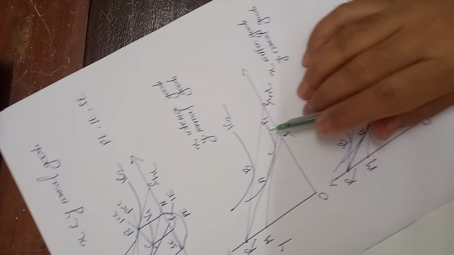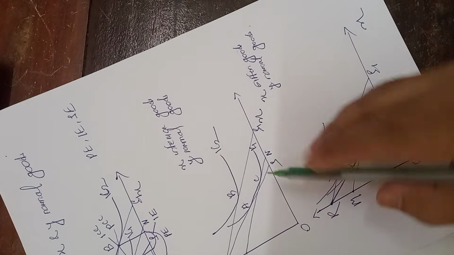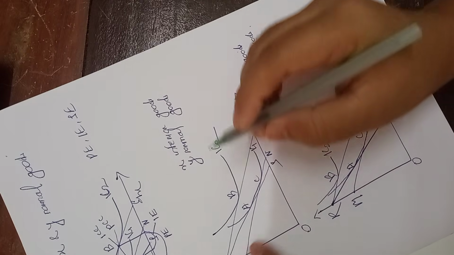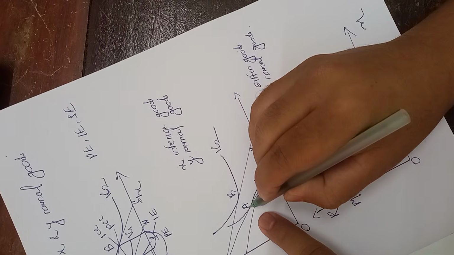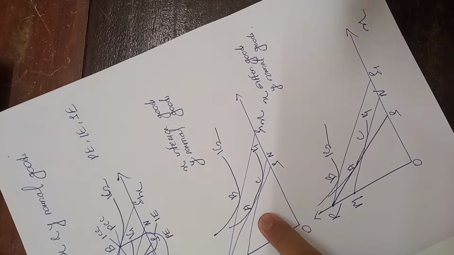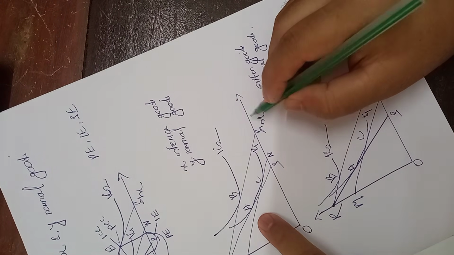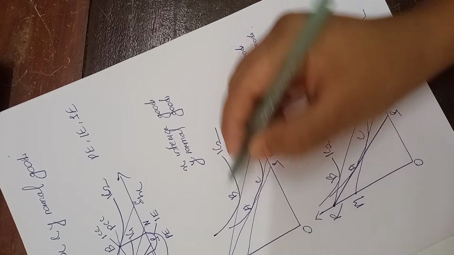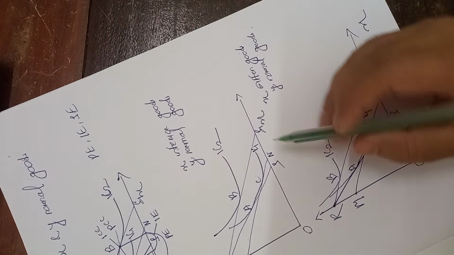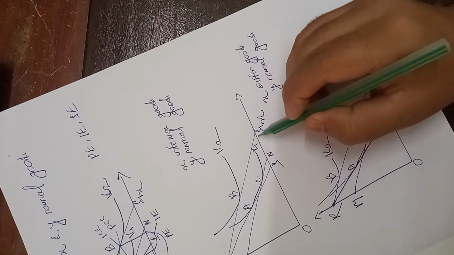For inferior good, initially the budget line is RS, the initial equilibrium is A, where indifference curve 1 touches the budget line. Suppose price of X falls, and here X is an inferior good, so the budget line moves here to here.